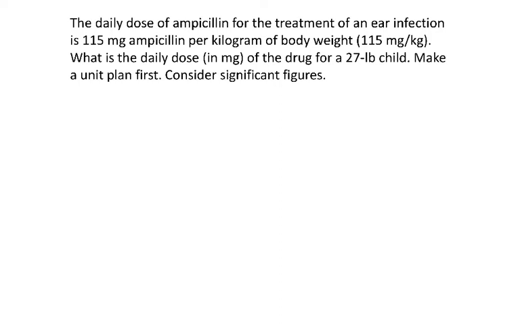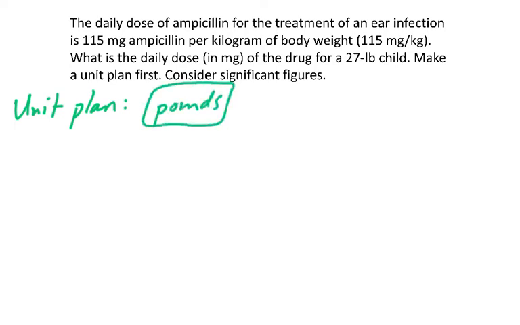Okay, so making our unit plan, remember that's like, what do we have and where do we want to go? So our starting point is pounds. We're given the weight of the child in pounds. We want to get our desired result in the end, which is milligrams of drug.